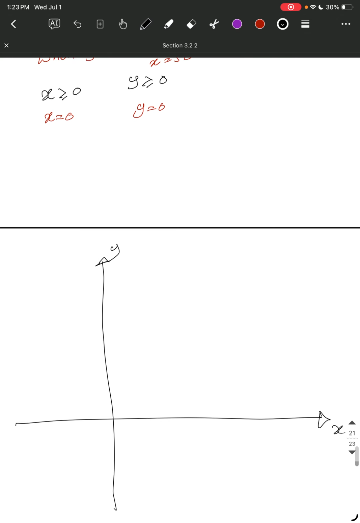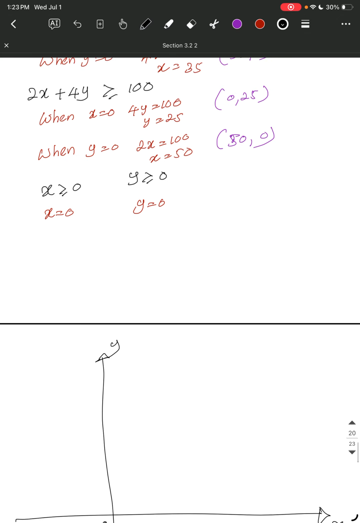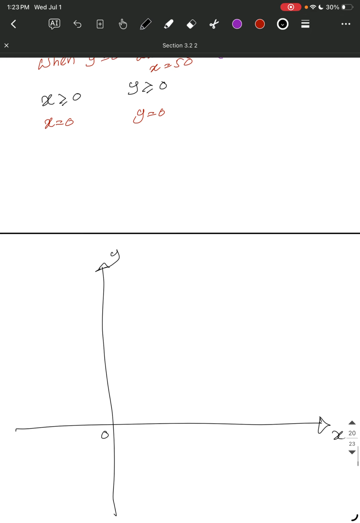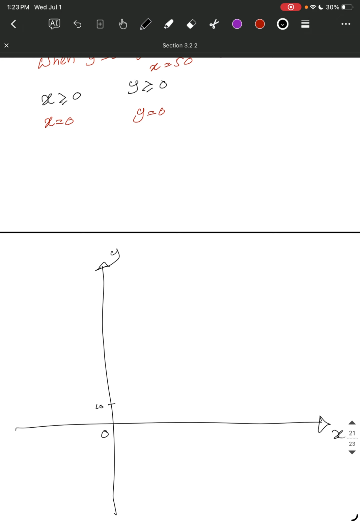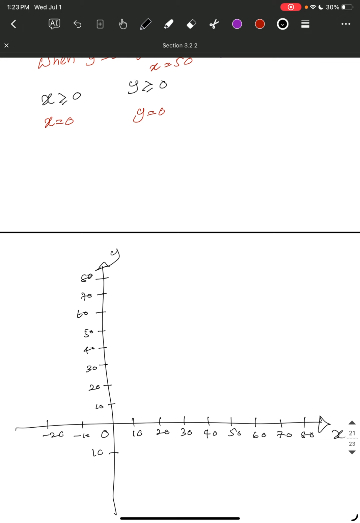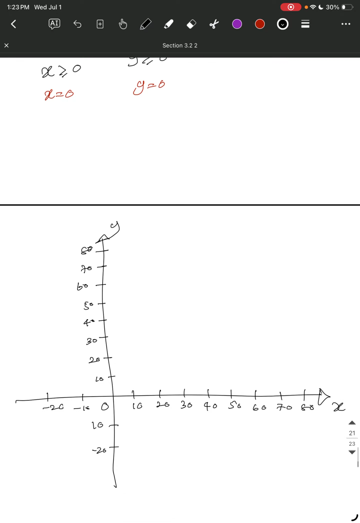So we have 0, 10, 20, 30, 40, 50, 60, 70, 80, and negative 10, negative 20. It's up to you to use the appropriate measurements, right?